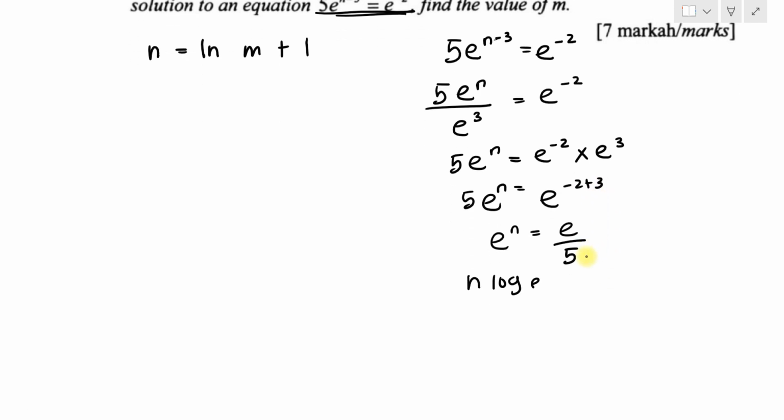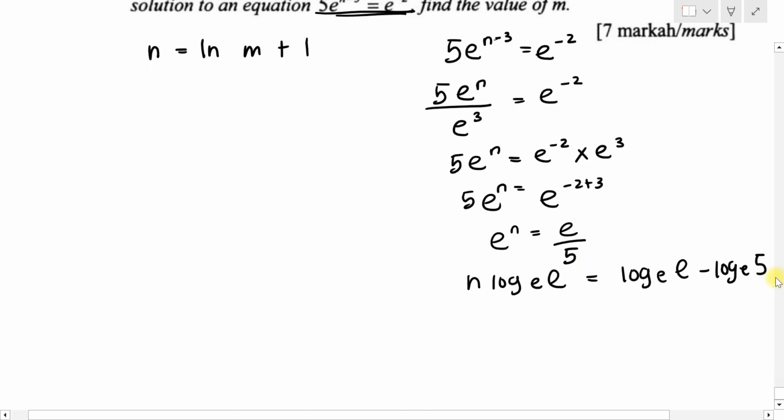N log e equal to log e 1 minus log e 5. Okay, so this can be cancelled. N equal to 1 minus log e 5.